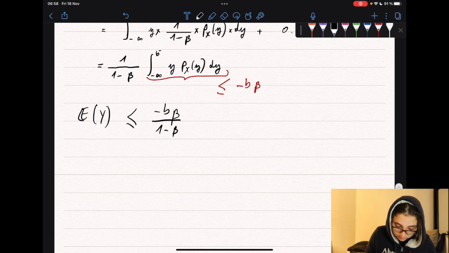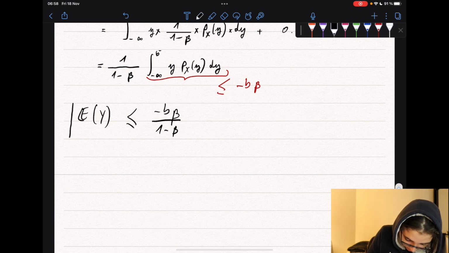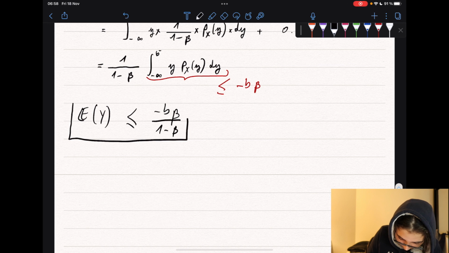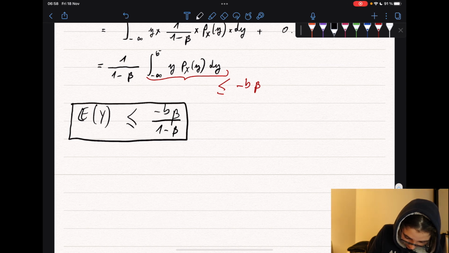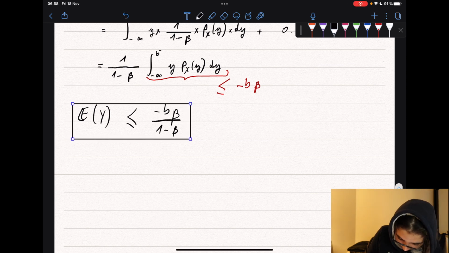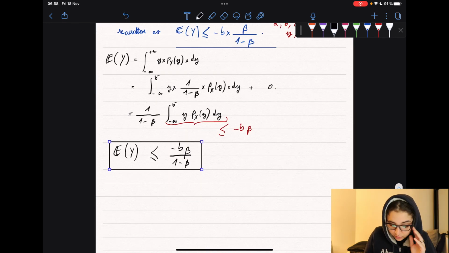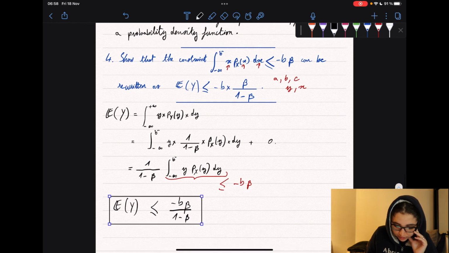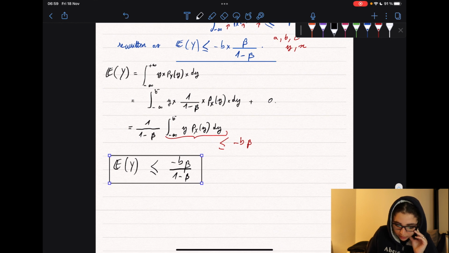And there we have it. We have just proven that this bound that we had proven in a previous question can be translated into a bound on the expectation function of the random variable y.